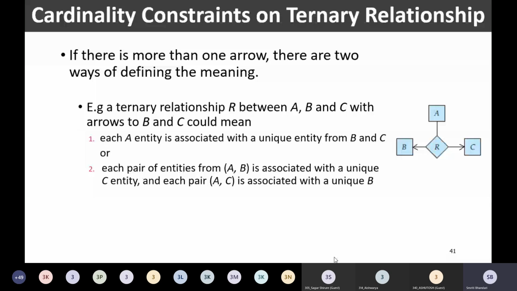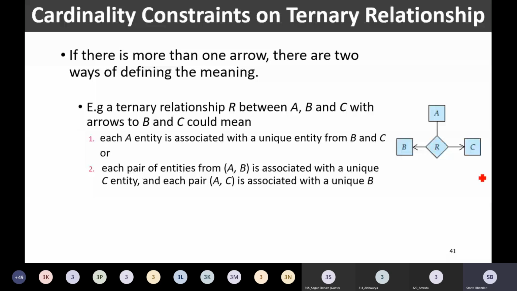Ma'am, please repeat it again. Okay. See here what we are saying. We are having more than one arrow towards two entity sets in this case. Three entity sets are participating in R, and we are having two arrows towards B and C. If this is the case, then we may interpret this ternary relationship in several ways.